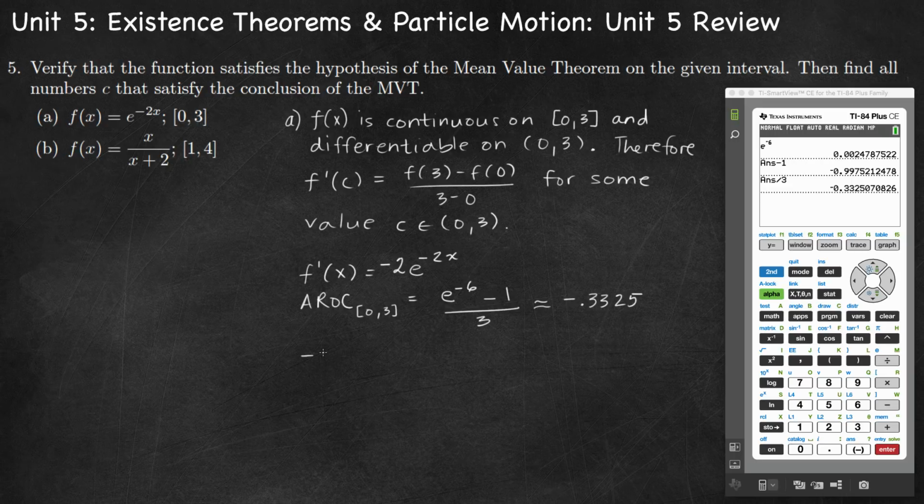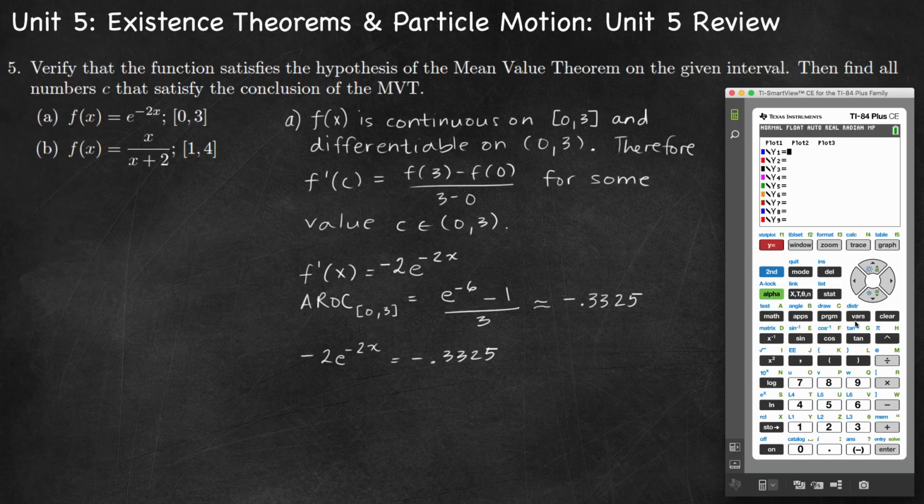So we set our derivative equal to that value and solve. I'm going to store that value as a, and then I'm going to solve this graphically. So I'll enter my derivative equation, negative 2 times e to the negative 2x in y1, and then I want that average rate of change in y2, so I'm going to put a since I've stored that as a, or you can just type the number in there.